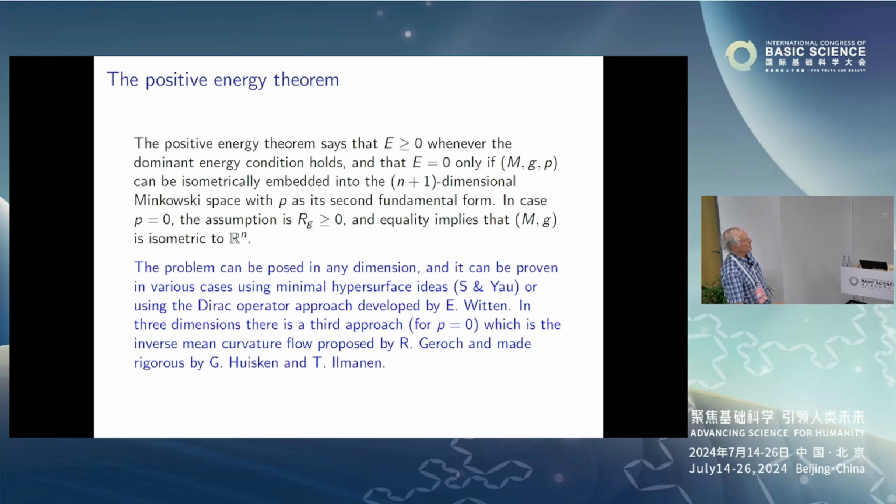And then in the P equals 0 case in 3 dimensions, there's also an interesting flow proof, which is done by Huisken and Ilmanen. It's called the inverse mean curvature flow. Actually, Richard mentioned it this morning in his talk. It actually implies a little stronger result than the positive energy theorem. It's called the Penrose inequality.